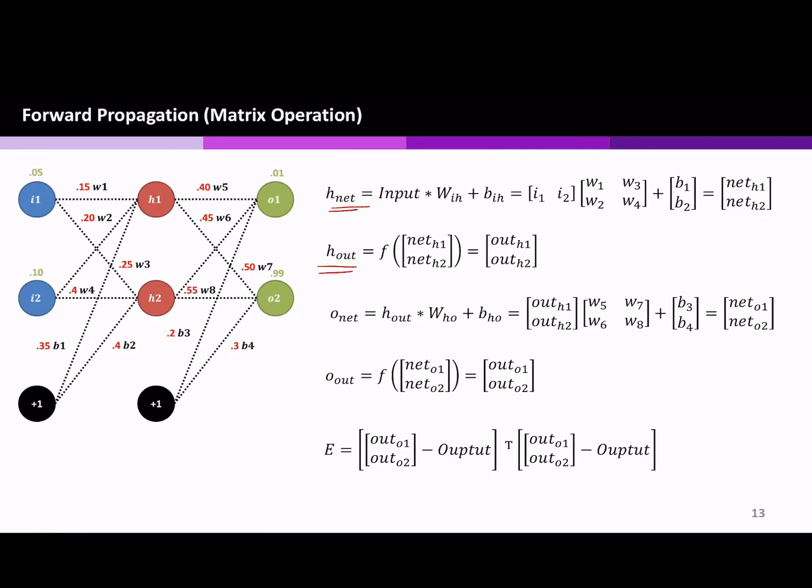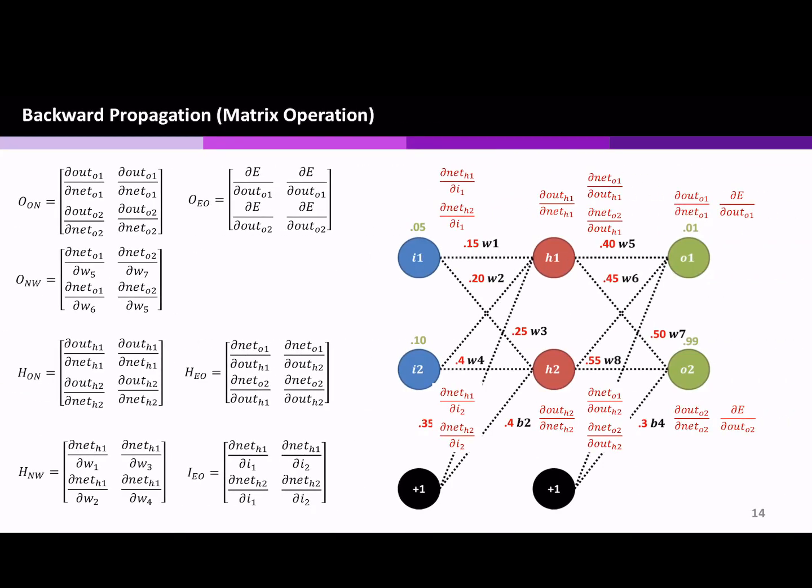The H net and H output values can be computed using this matrix computation. All these other values in the neurons of the network can be computed using this matrix operation. Similarly, we can do the backpropagation using matrix multiplication.